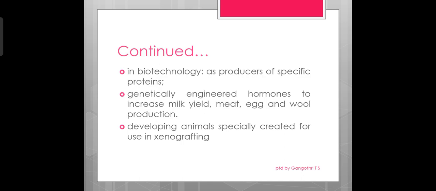Applications include genetic engineering of livestock, and in aquaculture affecting modification of animal physiology or anatomy, cloning procedures to produce specific bloodlines, spider silk in the milk of goat, that is for biosteel production, then developing animals specially created for use in xenografting, that is organ transplantation.